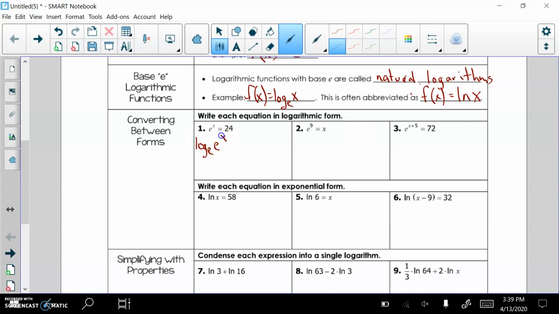That's a cancel move, x equals log base e of 24. But the easier way of writing that is natural log of e to the x cancels, equals natural log of 24. So off to the side, x equals natural log of 24.